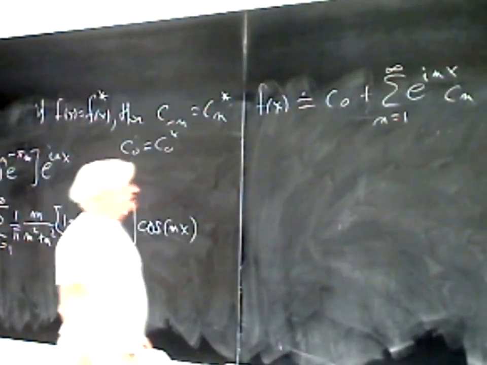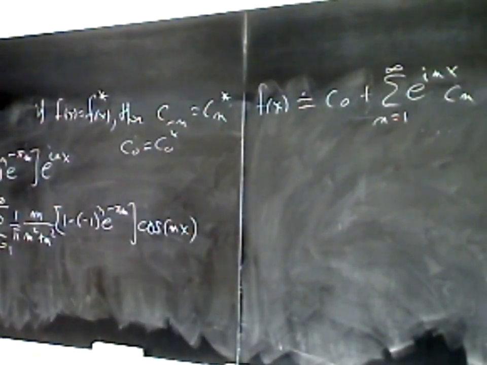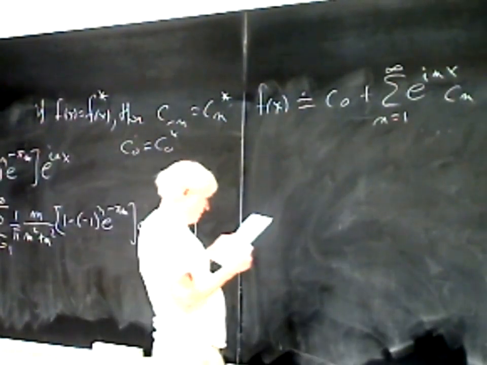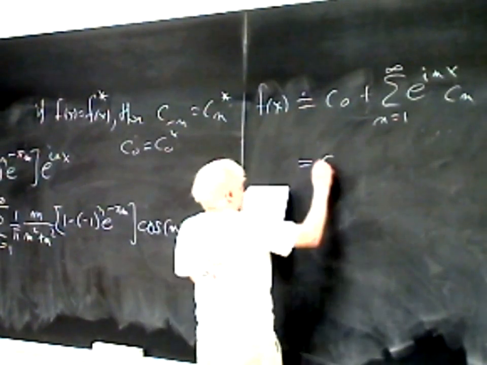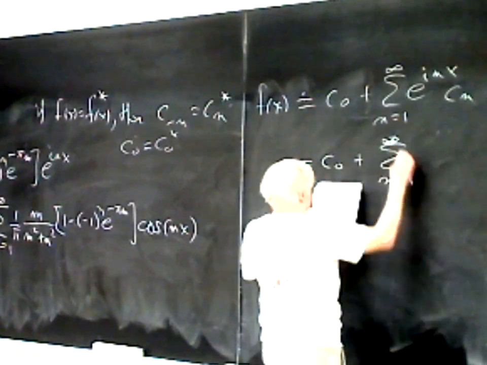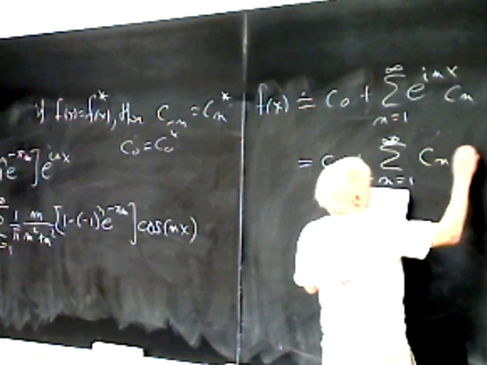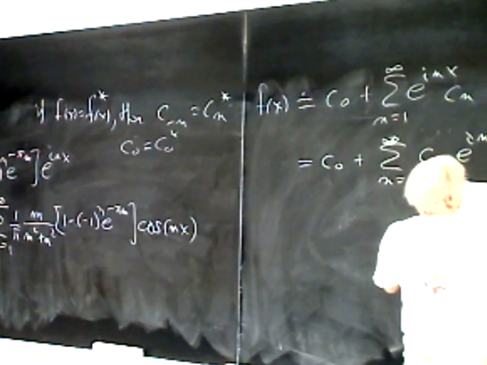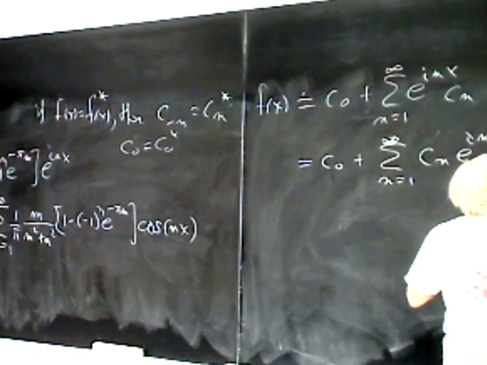And you see there isn't any square root of 2 pi here, so I'm using this convention for the 2 pi's. Okay, so this is C0 plus the sum n equals 1 to infinity of Cn e to the i n x plus c sub minus n e to the minus i n x.